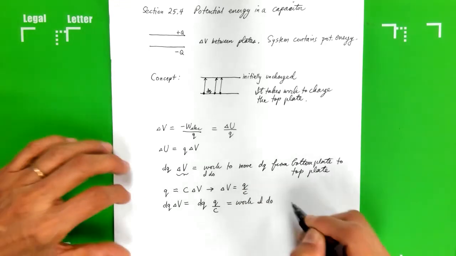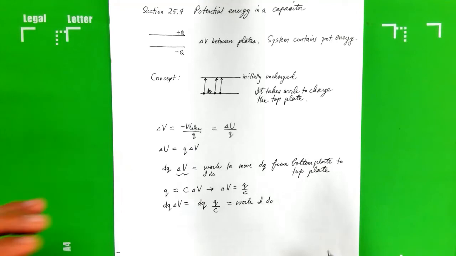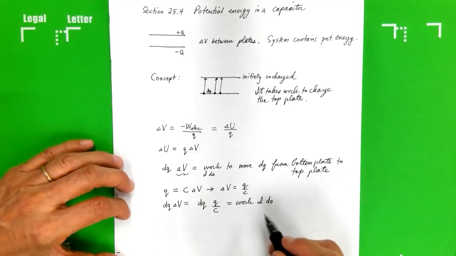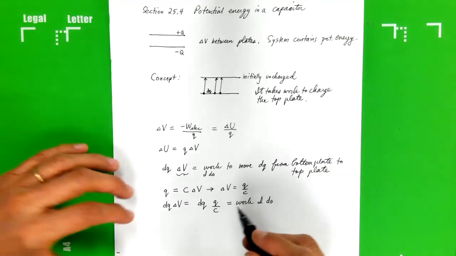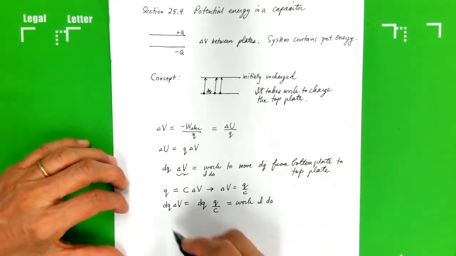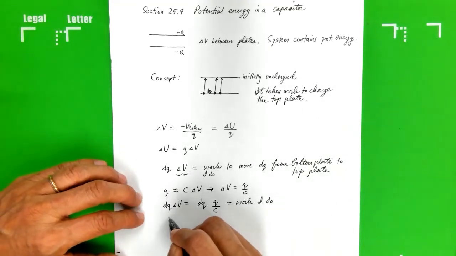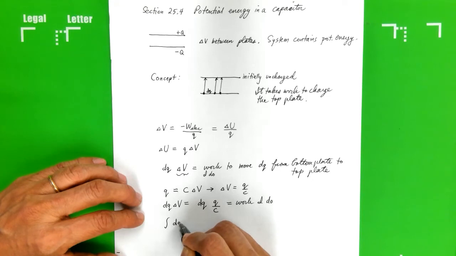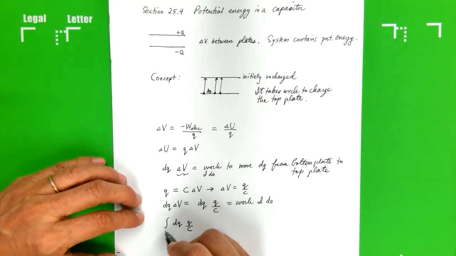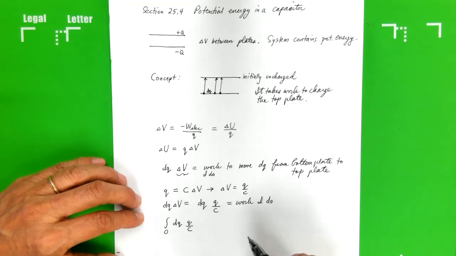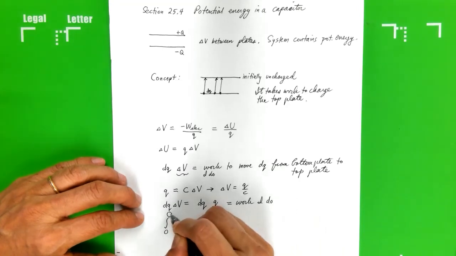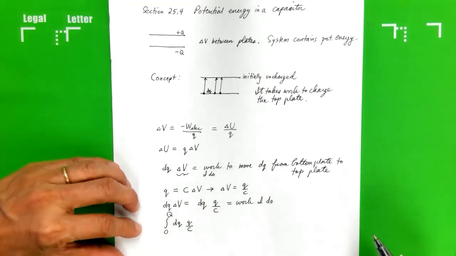Okay, now we have to do this a lot, so basically you're going to add up many maneuvers of this type, and to add up so many of them, you're basically doing an integral of dq times q over c from the time when q is 0 on the top plate to the time when q is big Q on the top plate.